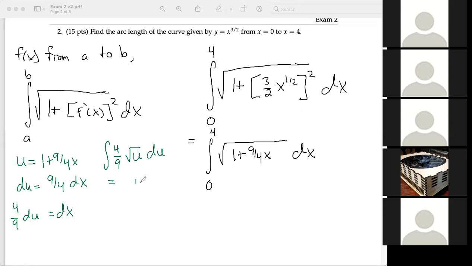So the new exponent is going to be 3/2, and then we divide by that 3/2. So we have to combine these constants together. Dividing by 3/2 is multiplying by 2/3. Combining the fractions, we get 8/27, and it's u, which is 1 plus 9/4 x to the 3/2 power.